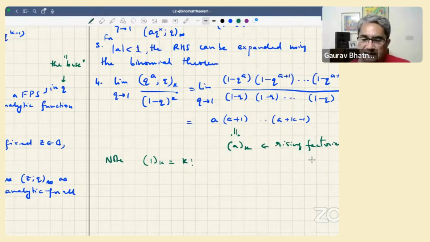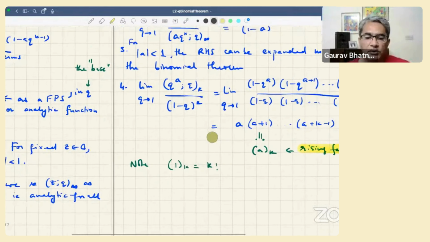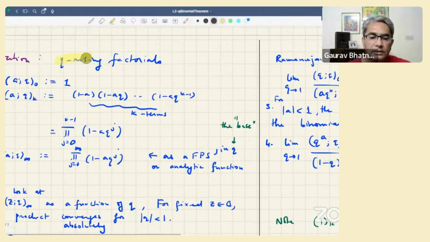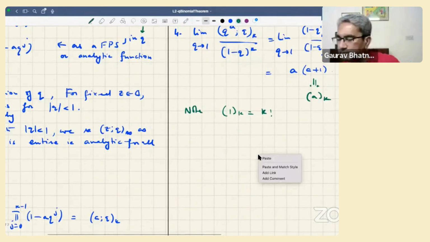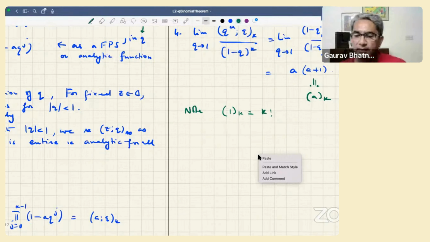So this justifies these terms, rising factorial and also q rising factorials.